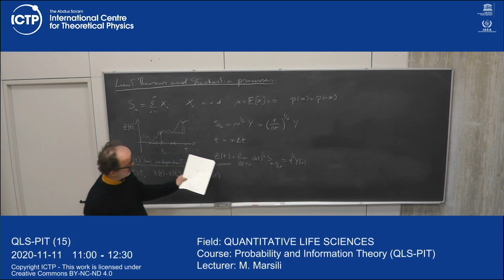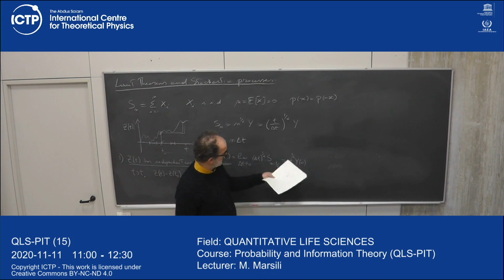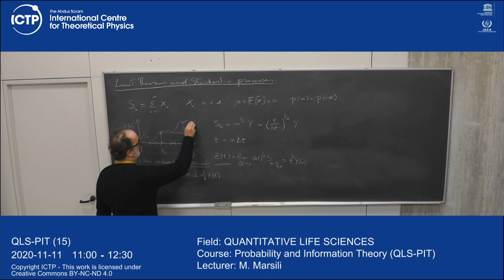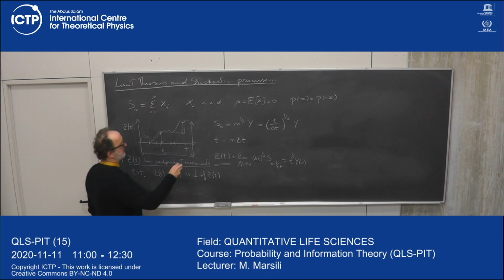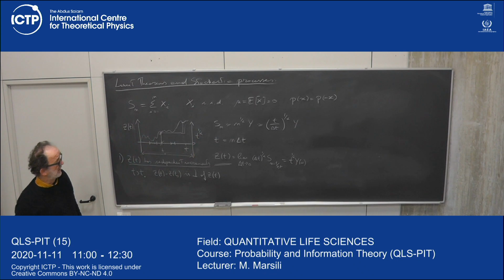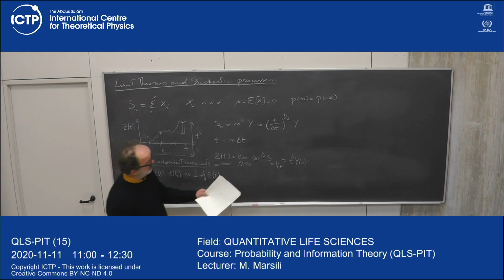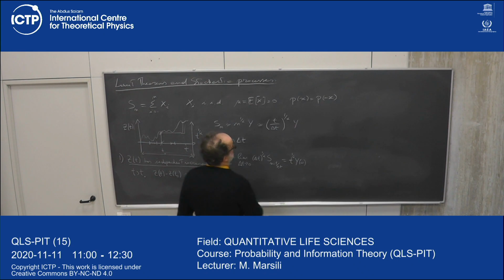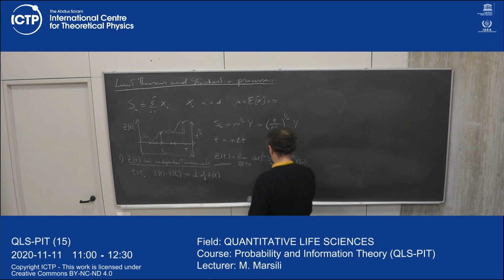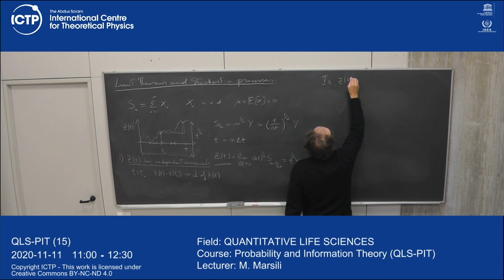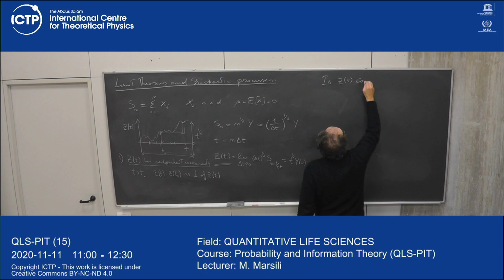Okay, so first of all, let me remind you that this tells you that the scale of the variation of this function over an interval dt will always be of order t to the 1 over alpha. Okay? And now let us discuss whether z of t is continuous.